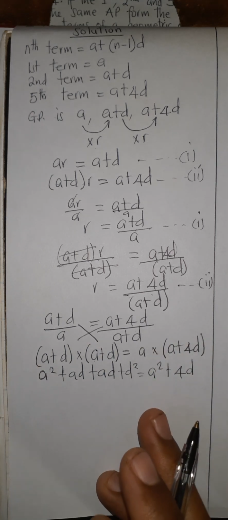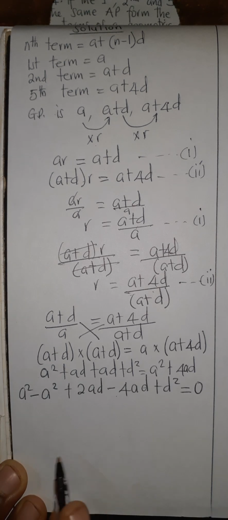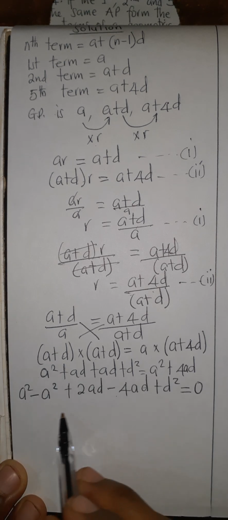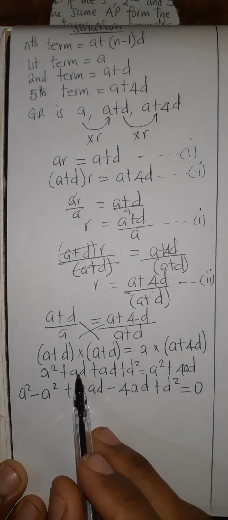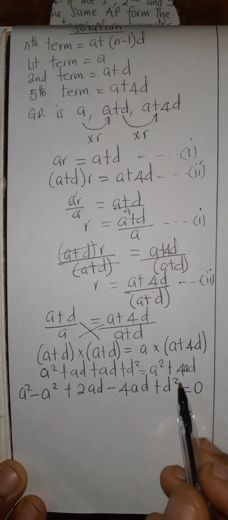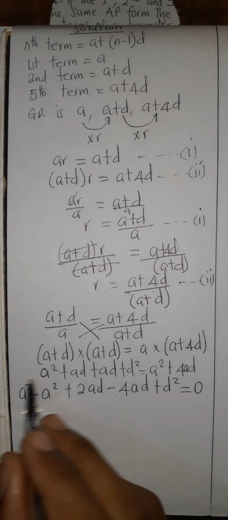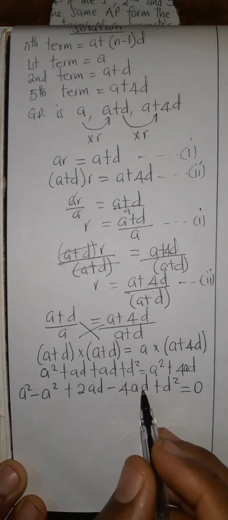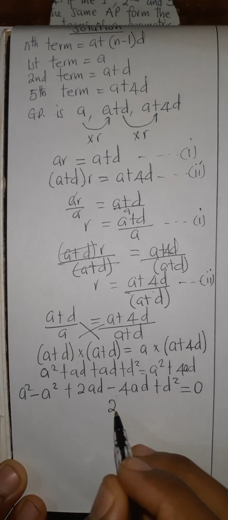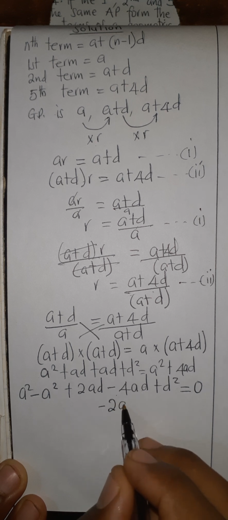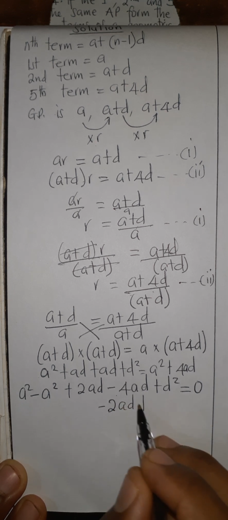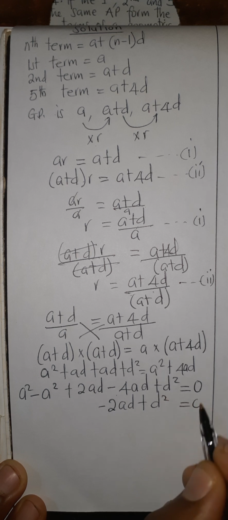Then we simplify. The A squared cancels, and AD minus 4AD gives negative 2AD, and then we add D squared equals 0.